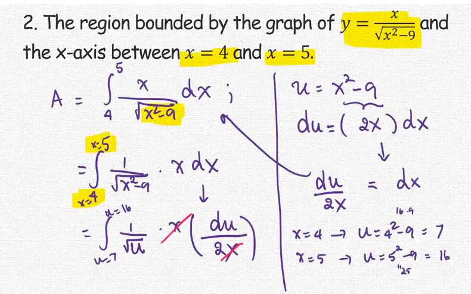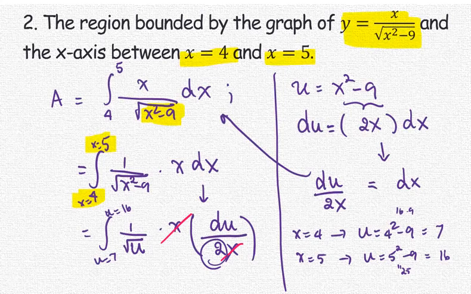Now we have the integral from 7 to 16. The coefficient, as after we reduce x and x, we still have the 2 here on the bottom. We're going to factor it out as a coefficient. So going to be 1/2 the integral from 7 to 16 of 1 over square root u with respect to u.